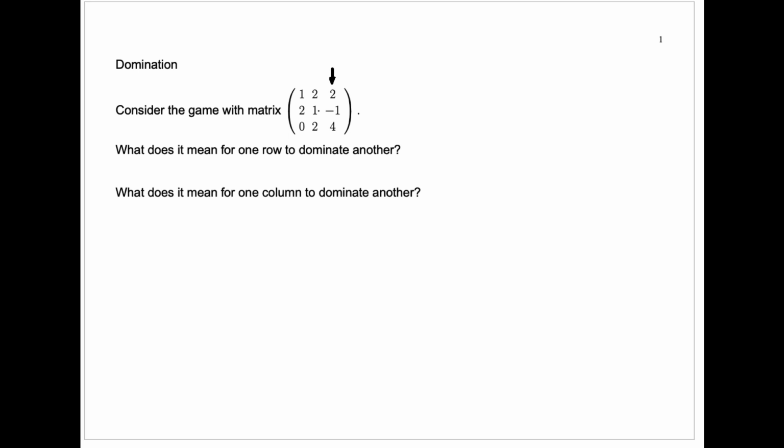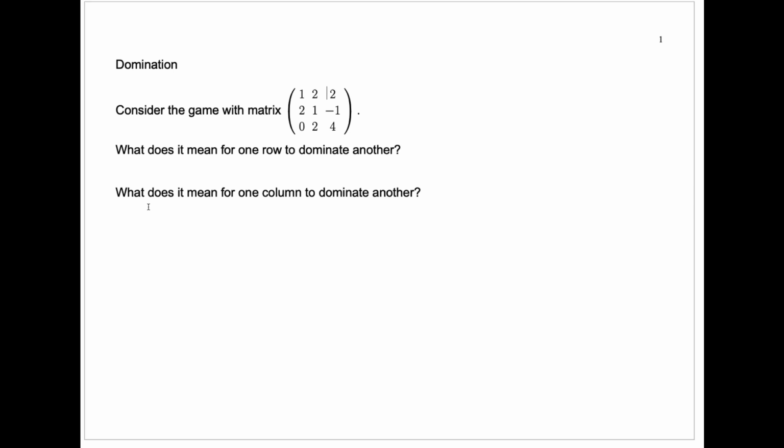The -1 is less than or equal to the 1, but the 4 is certainly not less than or equal to the 2. So column 3 does not dominate column 2. Neither does column 1 dominate column 2, because the 2 is greater than the 1. And you can check all the other possibilities. There's no one column here which dominates another.